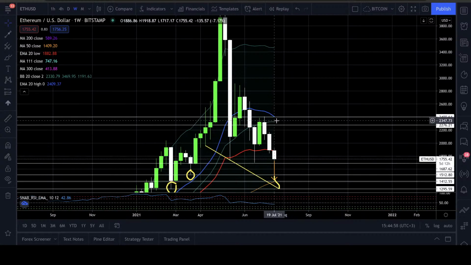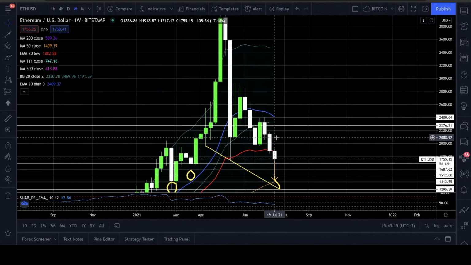If the particular alt you are holding or trading has real utility, like Binance Coin, it will continue to do well, and that's another criteria I use to determine what I'm going to buy at the next bottom.